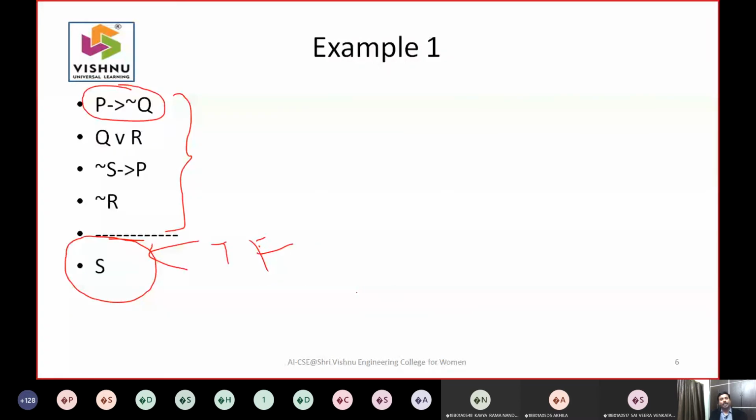Now coming back to the class, we are given four premises, four statements, and you are asked whether this inference is true or not. Can somebody answer whether we can get the inference from this?